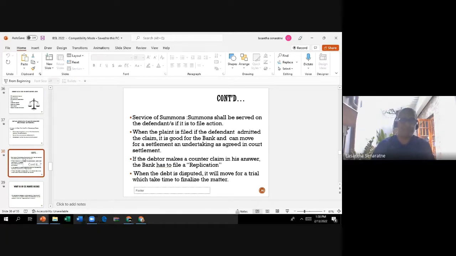In parate auction, without going to the courts, your board of directors can pass a resolution and call for the auction. That's the speediest method rather than going for mortgage bond action, which will take more than 10 years. This debt recovery provision is a shortcut method to convert your non-performing loans into cash.